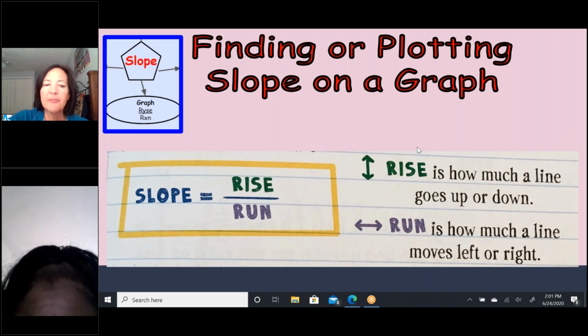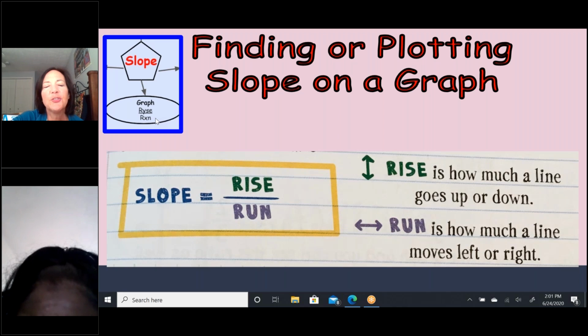And a really common formula that you hear about is rise over run. Up here on my little note page section, you can see that I spelled it a really strange way. I spelled rise as R-Y-S-E, and I spelled run as R-X-N.